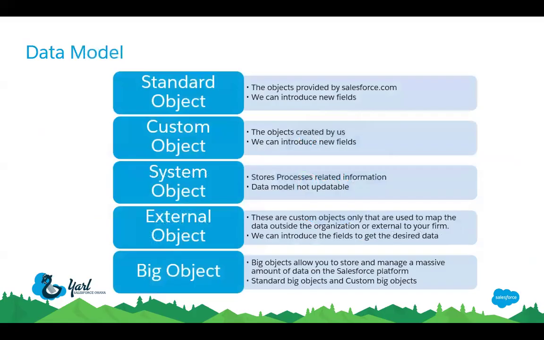So the basic data model in Salesforce, there are types of objects. So what are objects? Tables. So from now onwards, I will never use the word table. I will be using objects. So you have to understand objects are tables. Okay.